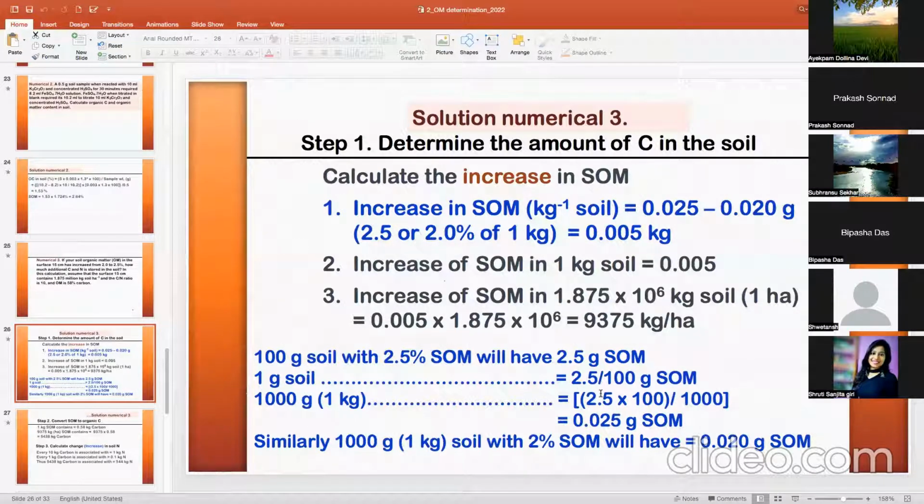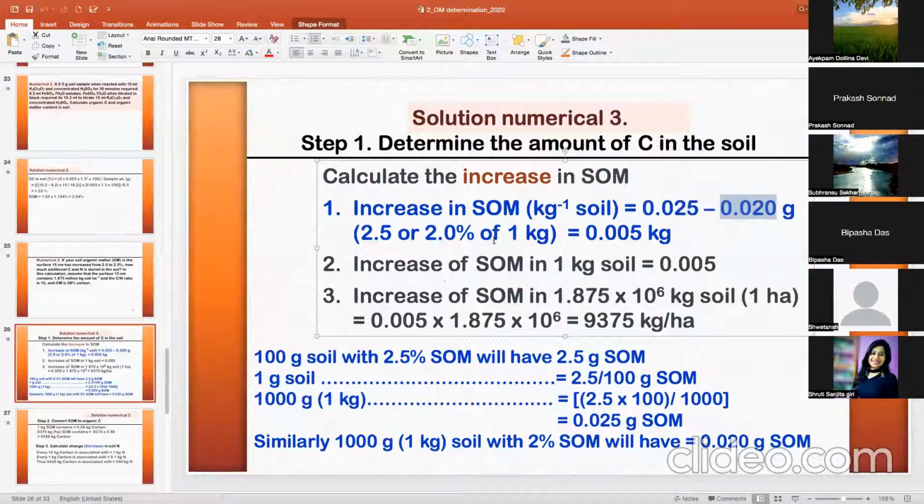So 1 gram will have 2.5 divided by 100 gram soil organic matter, and 1 kg or 1000 gram will have 0.025 kg SOM. Similarly, if it is 2%, it will have 0.020.